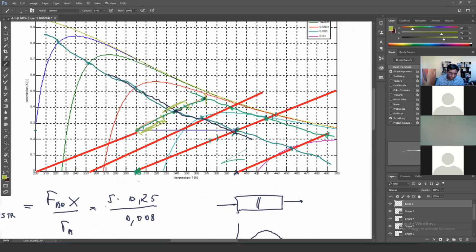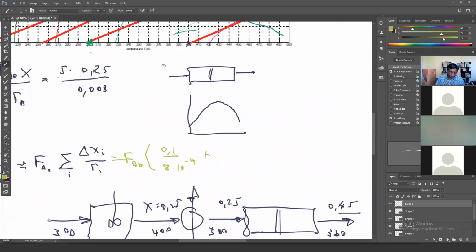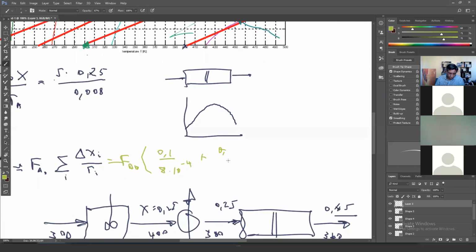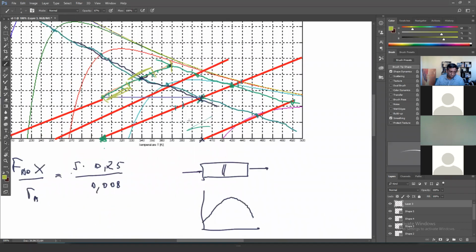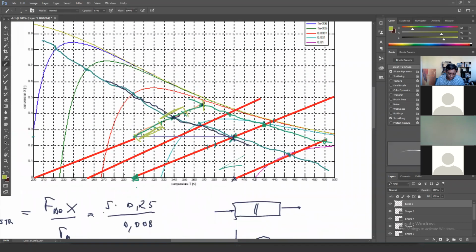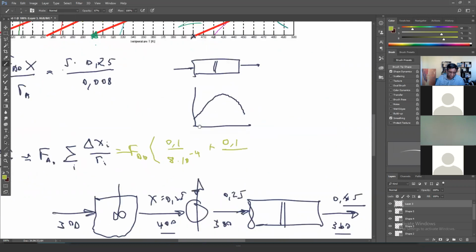Here it also looks like about 0.1, and then the rate here is probably a bit closer to this line, so it's a slightly higher value.